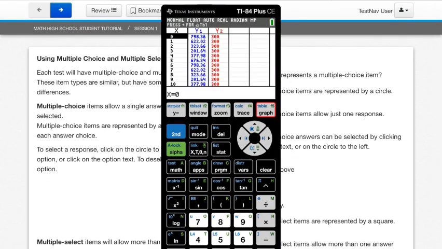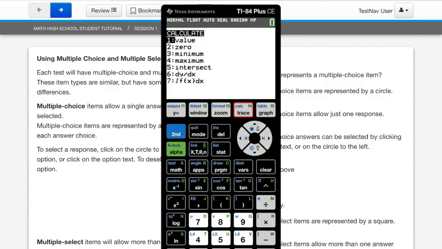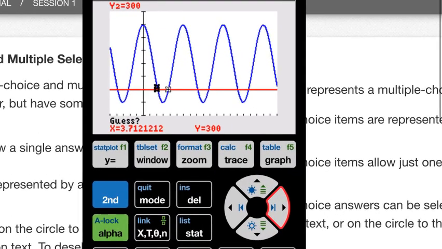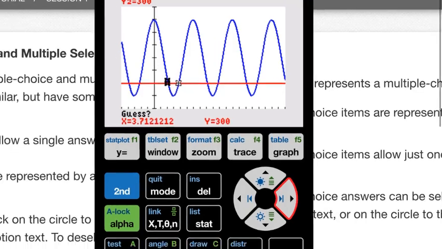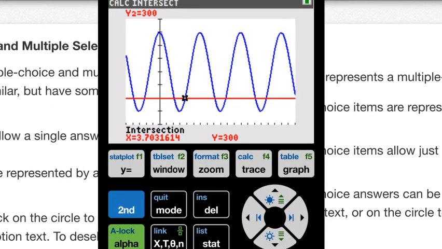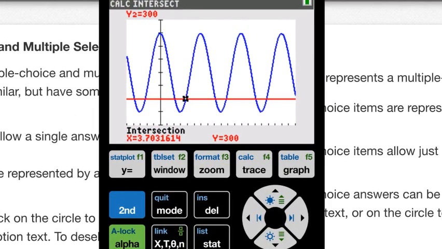So second calc, second trace, 5 for intersect, enter, scroll to where you're blinking on that next intersection, and then hit enter a third time. Again, be sure you see the word intersection on your calculator screen.